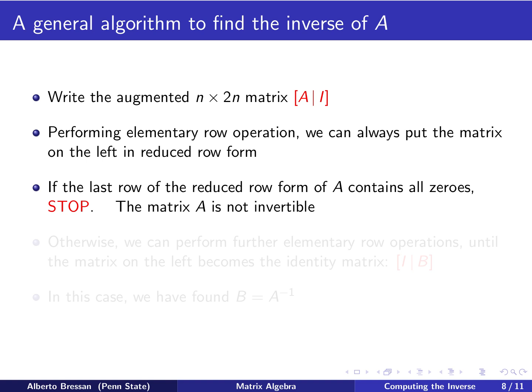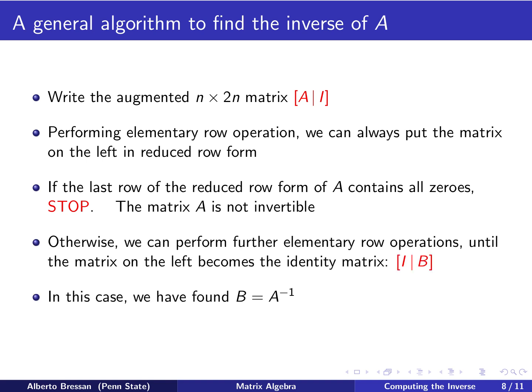Once A is in reduced form, if the last row of the reduced form of A becomes all zeros, then you stop and say that the matrix A is not invertible because you cannot carry on. Otherwise, you carry on because now A is invertible.